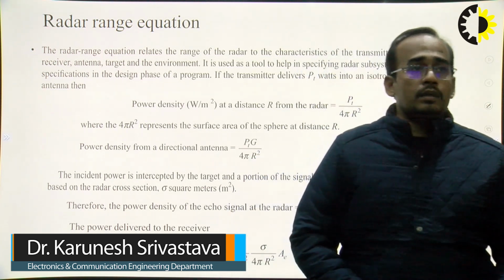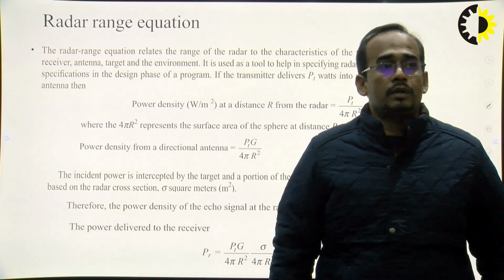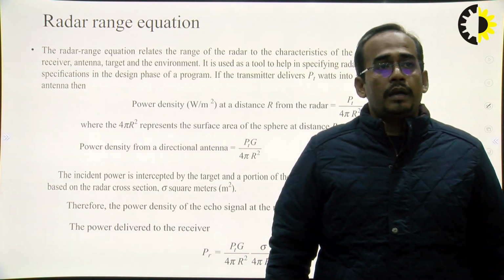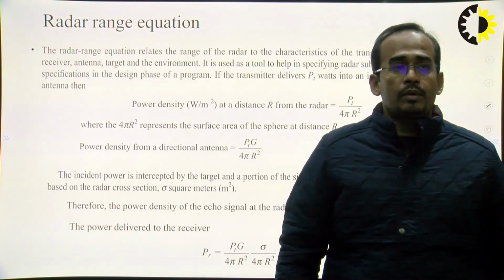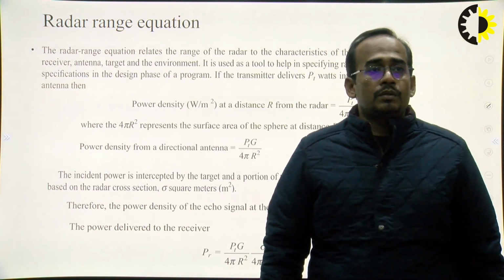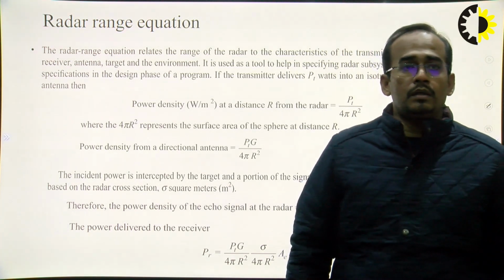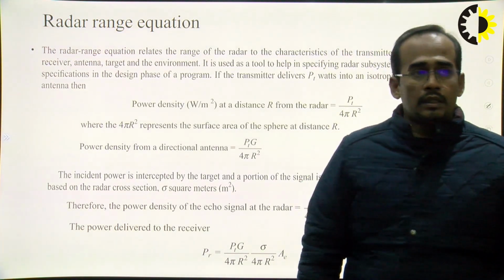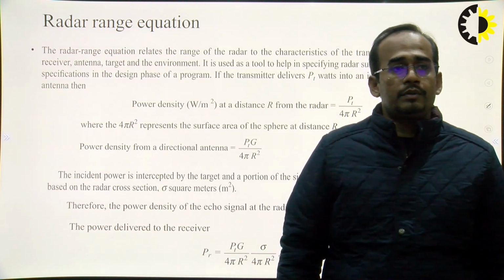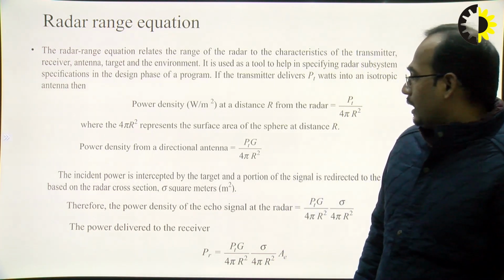The radar range equation relates the range of the radar to the characteristics of the transmitter, receiver, and antenna. It is used as a tool to help in specifying radar subsystems. If the transmitter delivers power PT into an isotropic antenna, then the power density at distance r is PT upon 4 pi r square.